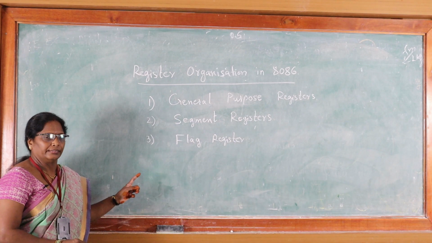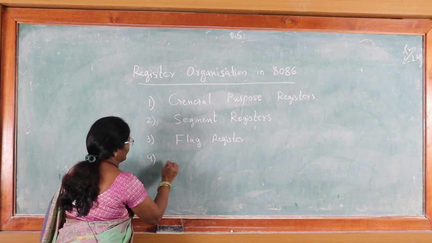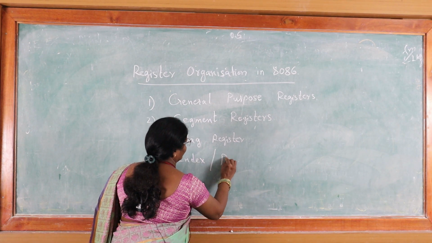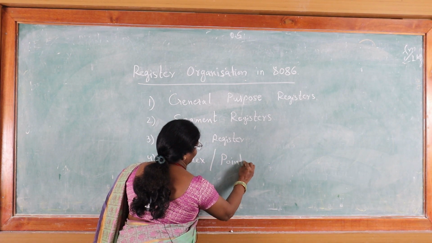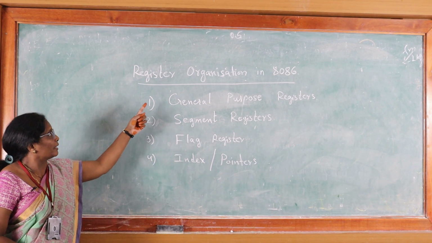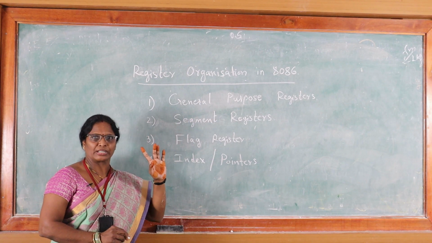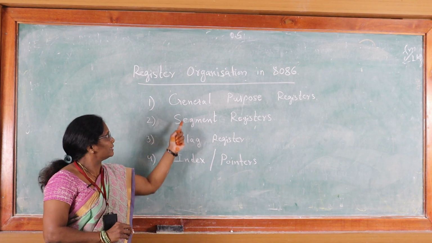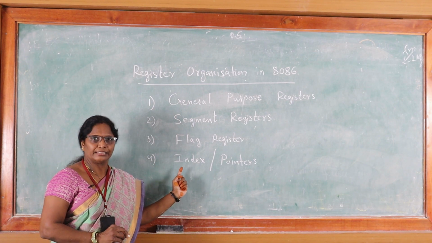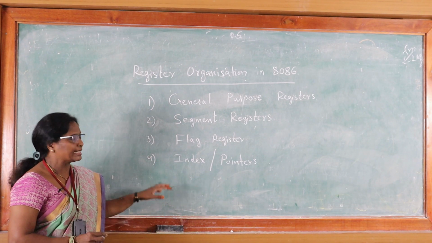Flag register, and last one is index or pointers. So the registers in 8086 are broadly classified into 4 types: general purpose registers, segment registers, flag register, and index or pointers. Let's see one by one.